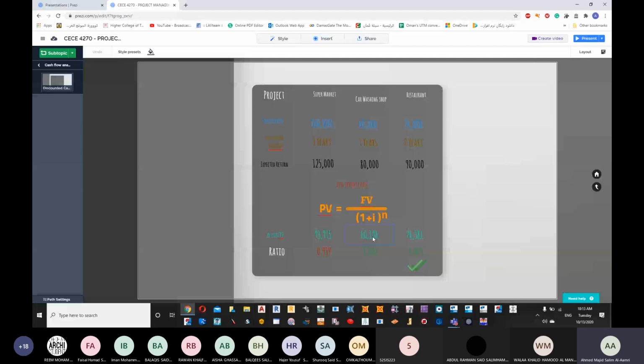And we said, in order for me to know these values, we should be using an equation where present value equals future value divided by (1 plus I) to the power of n. PV is present value, FV is future value, I is your interest or profit. If you are paying it, like the example of the bank, then it's an interest.